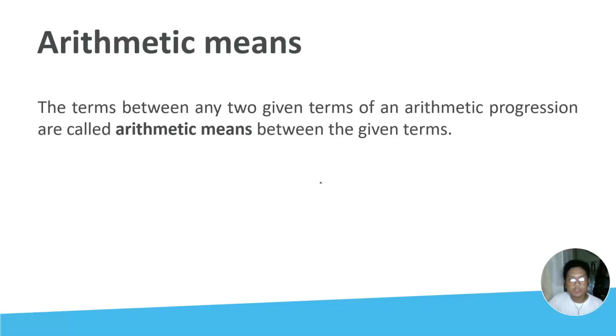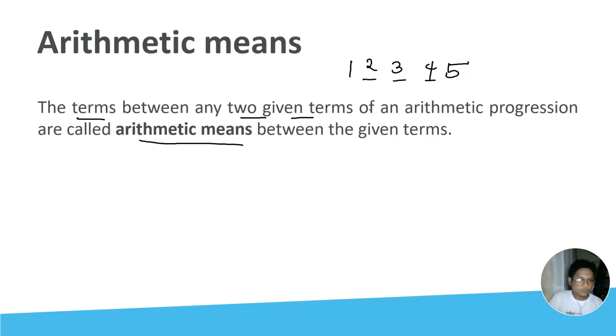For the arithmetic mean, an arithmetic mean is called when the terms are between two given terms. Ang tawag doon ay arithmetic mean. Kapag meron tayong dalawang term na nasa arithmetic progression, kunyari 1, 2, 3, 4, and 5, ang tawag doon sa terms in between ay yung arithmetic mean.